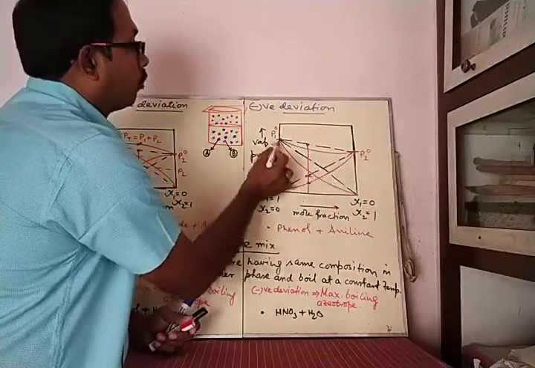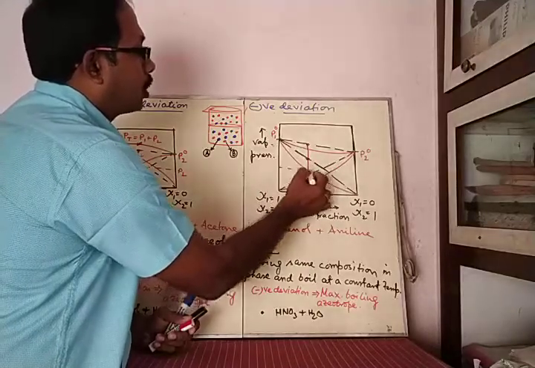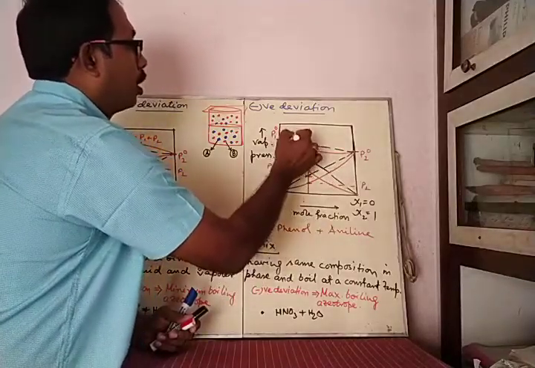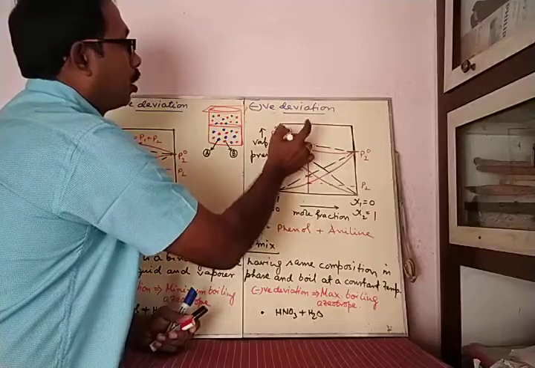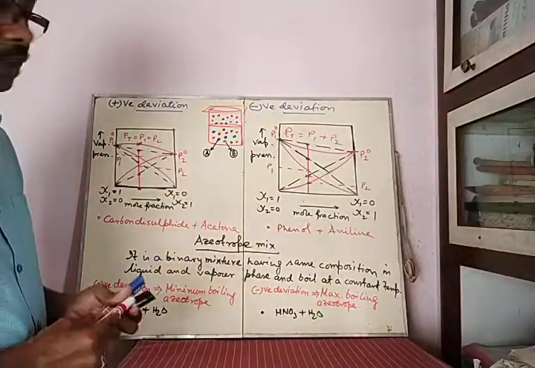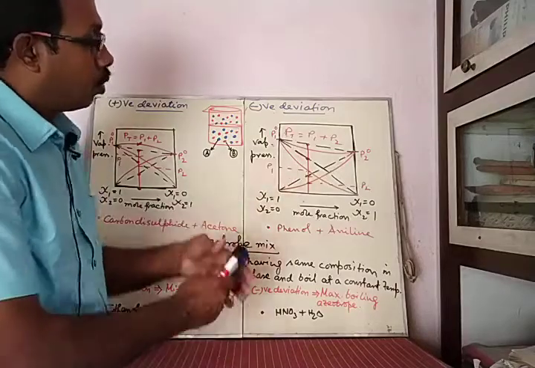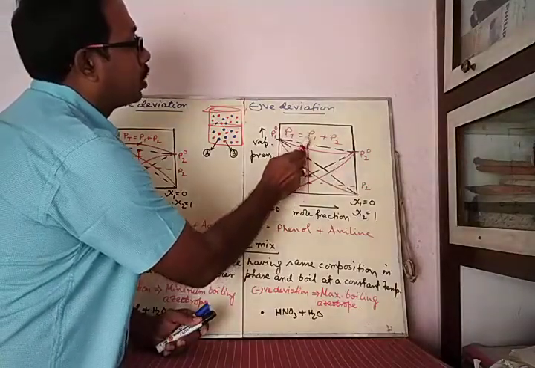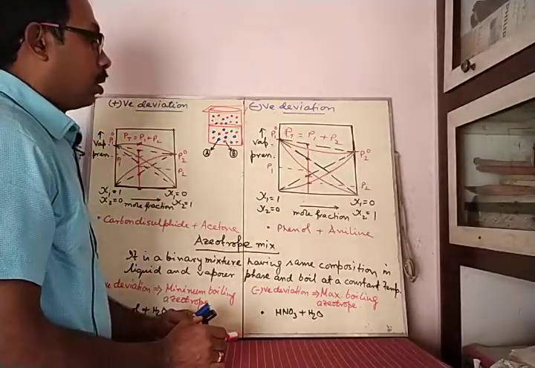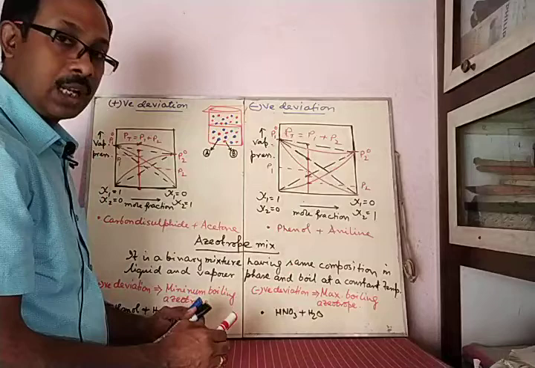In case of component 1, the expected value is here, but the actual value is coming here. So the total pressure, P total, is also less than the expected value. The expected value is this, but the actual value of P total is this one. Now the example of negative deviation is phenol and aniline. Another example.